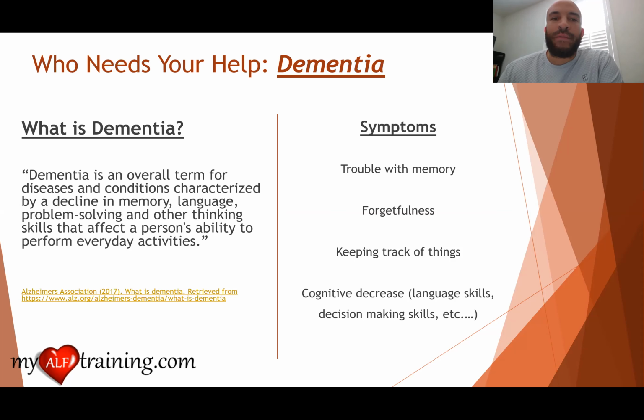So dementia affects a person's ability to, I guess, if you will, think up to a certain normal level like you and I. It makes their everyday activities that much more difficult. So, for instance, they'll have trouble with memory. They'll be extremely forgetful.